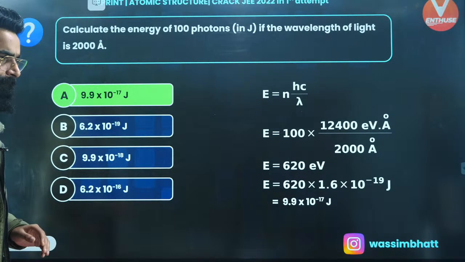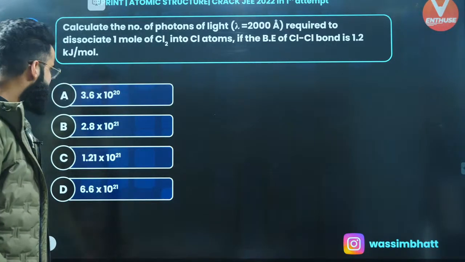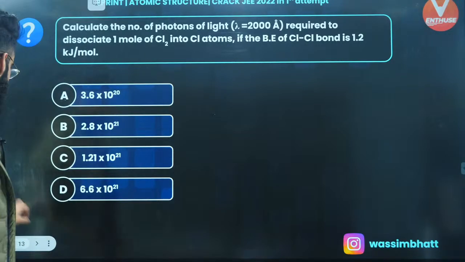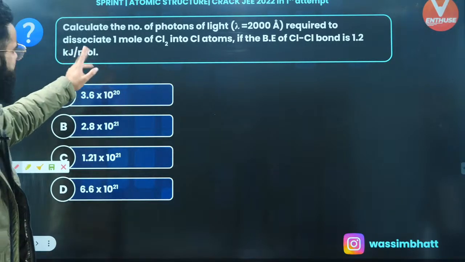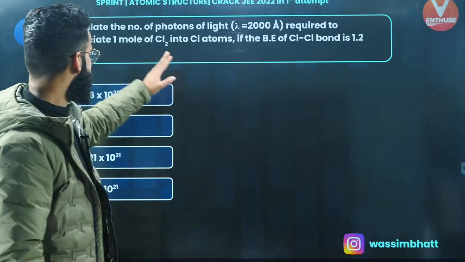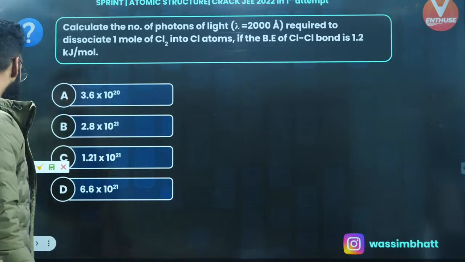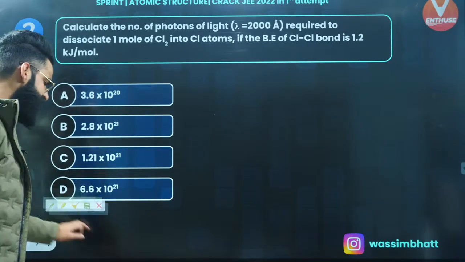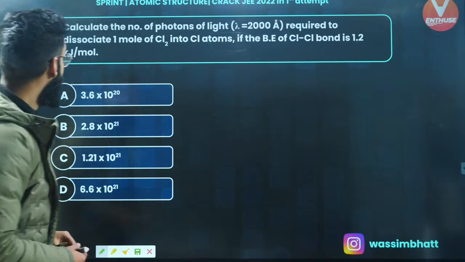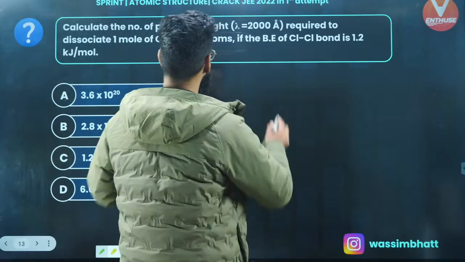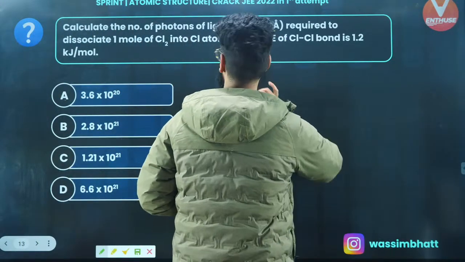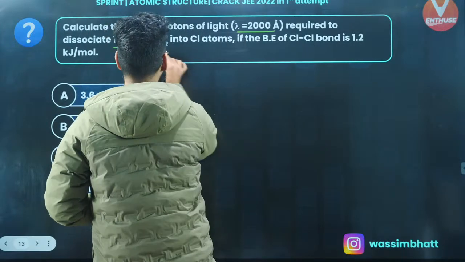Right, people? Let's move on to one more. Look at this particular question. This question is calculate the number of photons of light required to dissociate. This question is basically based on photodissociation. See what the question says exactly. Calculate the number of photons of light having this wavelength required to dissociate 1 mole of Cl2.